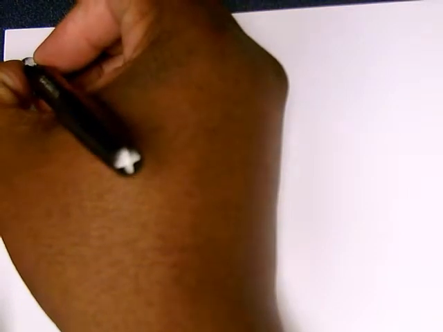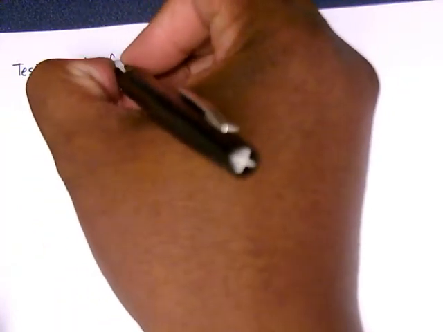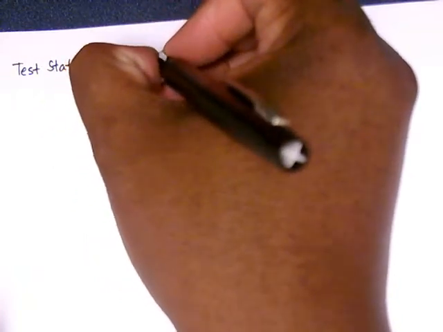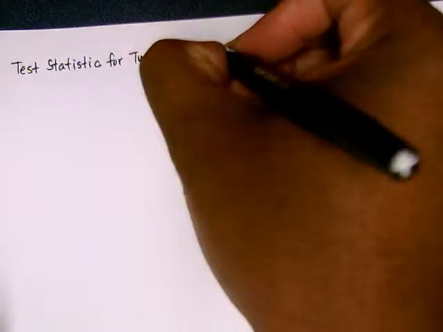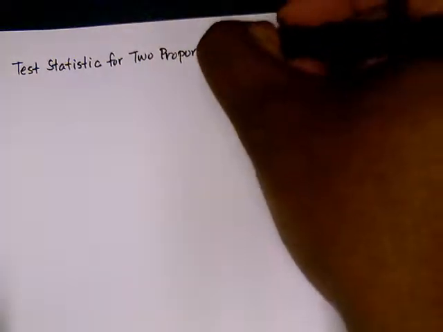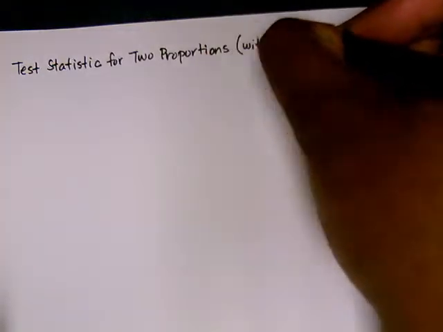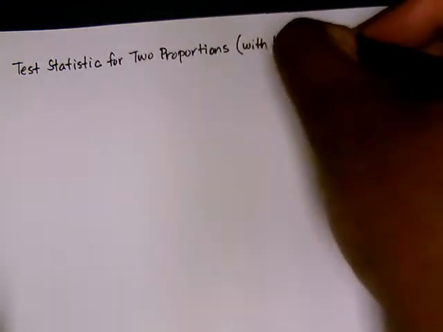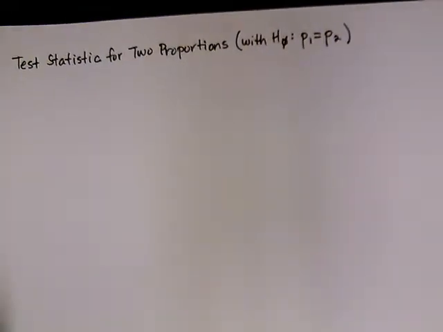So here the test statistic for two proportions, and that is where your null hypothesis, which is H sub 0, is set as this: p1 is equal to p2. The first proportion is equal to the second proportion.